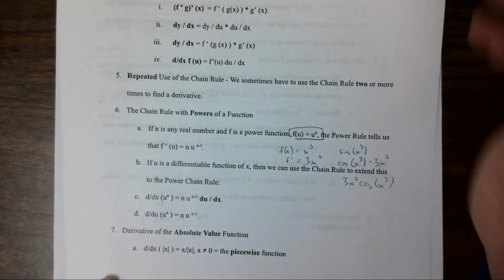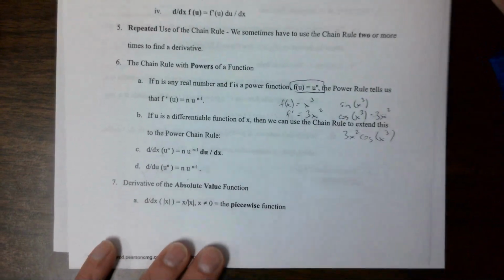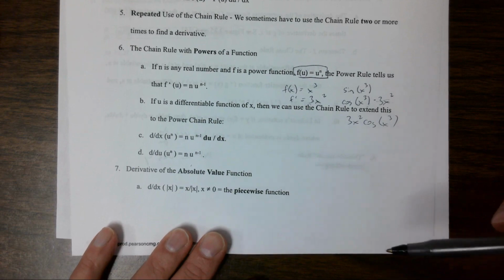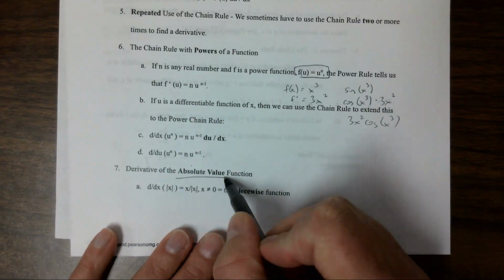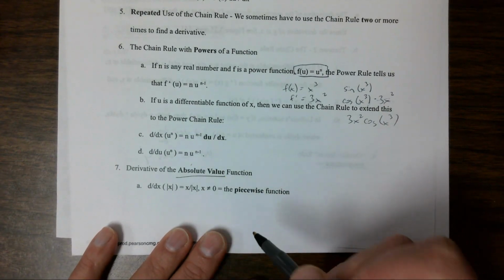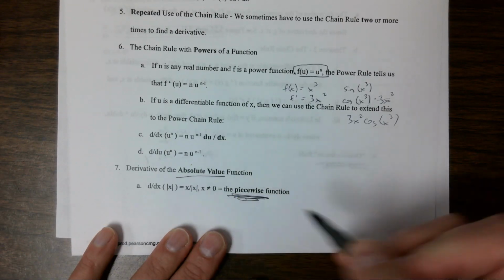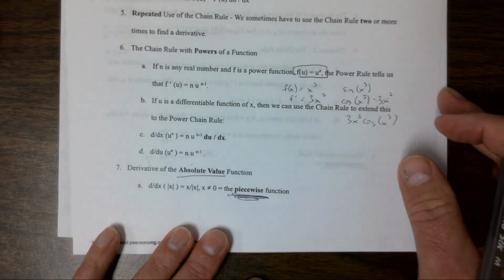And you'll see examples like you usually do. And here's just different ways to say the same thing. Now, when you are doing the absolute value function, then it turns into piecewise. Absolute value turns into piecewise.